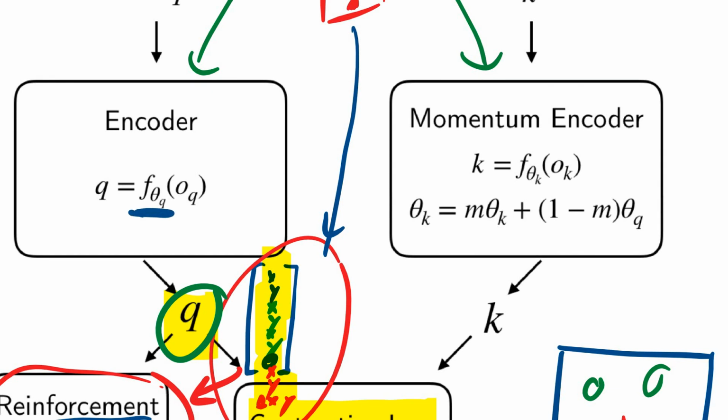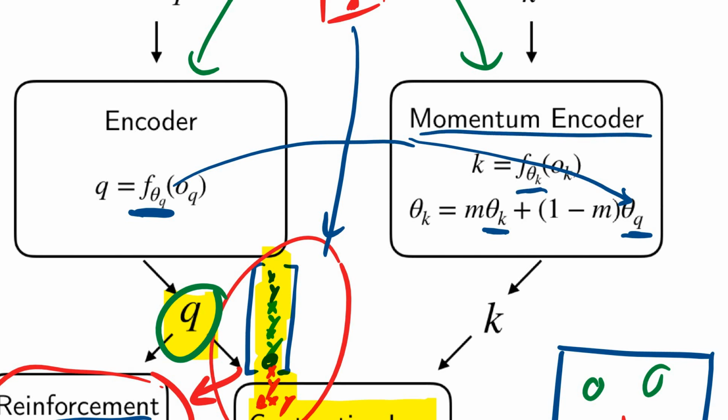And then every now and then, we transfer over the parameters to that one. In fact, each step we transfer over the parameters and do an exponentially moving average with the parameters of this momentum encoder from the step before. So the momentum encoder parameters are a moving average of the parameters of the query encoder.